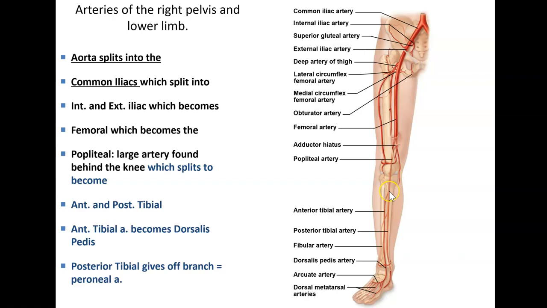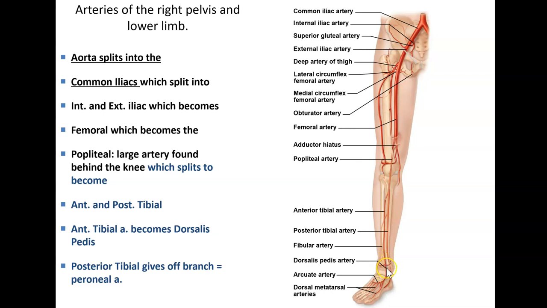It will then continue past the knee and split or bifurcate into the anterior tibial artery and the posterior tibial artery. If we continue along the anterior tibial artery and we get to the region of the ankle, it then becomes the dorsalis pedis artery.